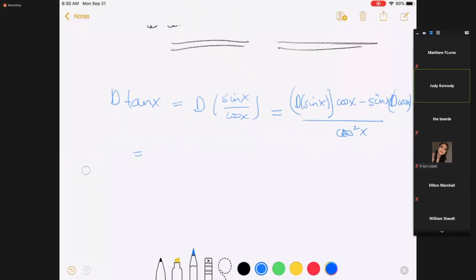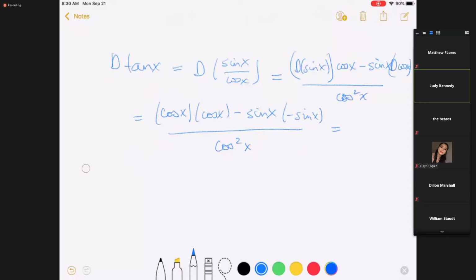And the derivative of the sine is the cosine. And then sine of x times the derivative of cosine of x. Well, the derivative of cosine of x is minus the sine. And that's over the cosine squared.